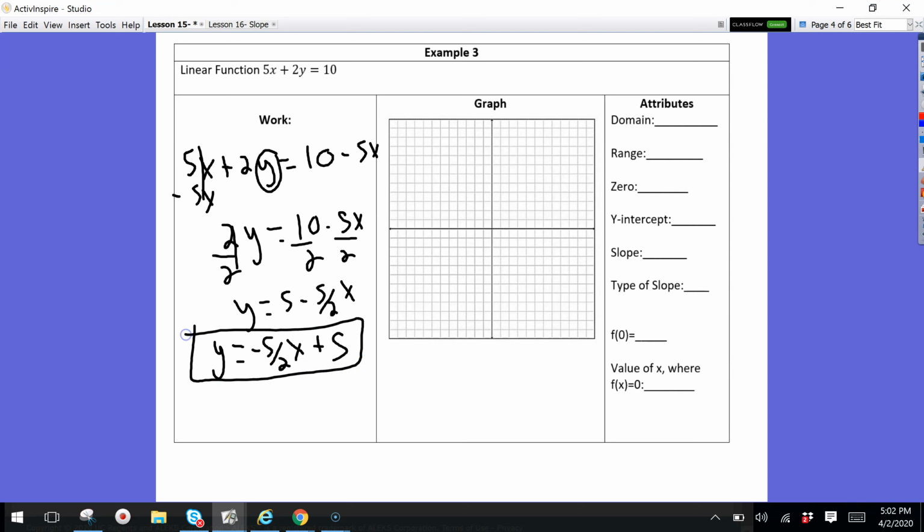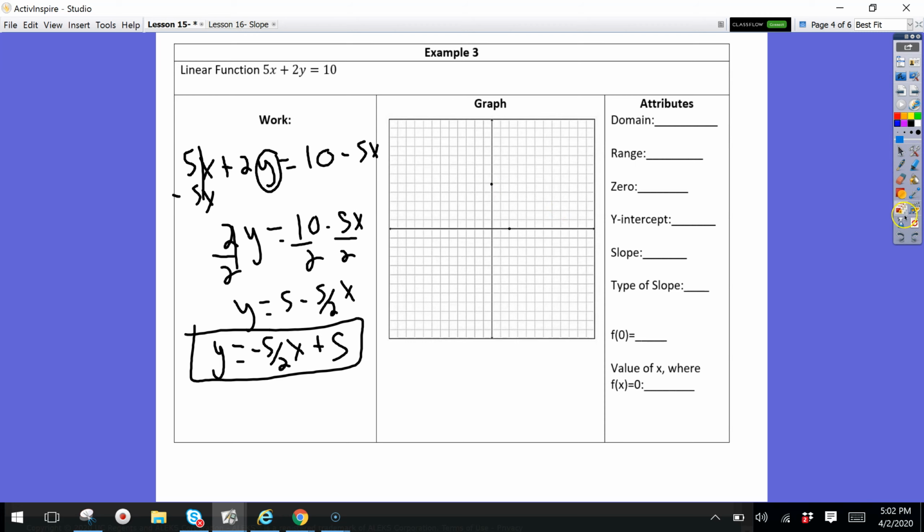So my y-intercept here is 5, and that is a point that I know, so we're going to graph that first. 1, 2, 3, 4, 5. And then we're going to get more points by using our slope. So our slope goes down 5 over 2. And at this point, we have the y-intercept and we have the x-intercept, so we really don't need to graph any more points.